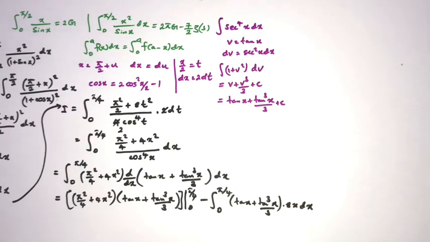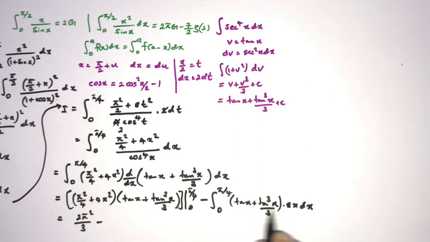Okay, now if we apply the limit here, we know here we have 5π²/4, here π² over 16, but here 4, so 5π²/4 again, and here we know tan of π/4 is 1, plus 1 over 3, so 4 over 3, so we have here 2π²/3 minus, here we have 0 to π/4, here 8.